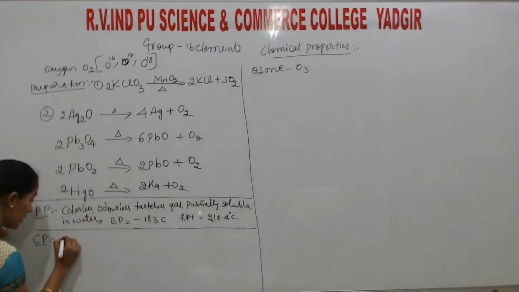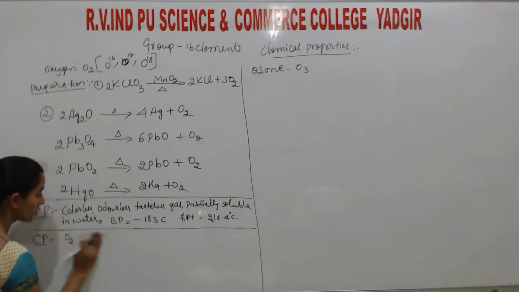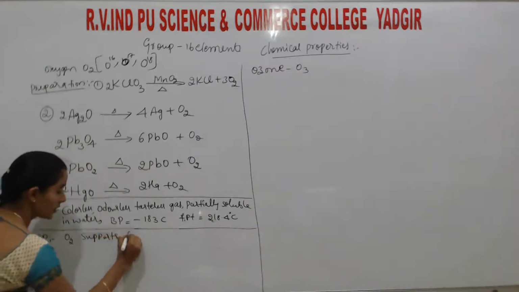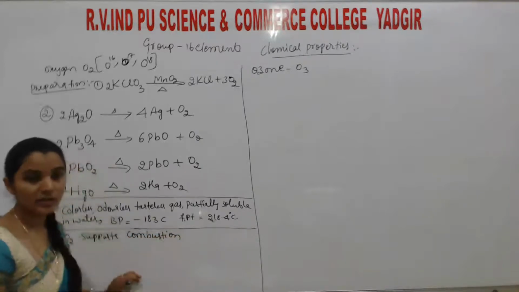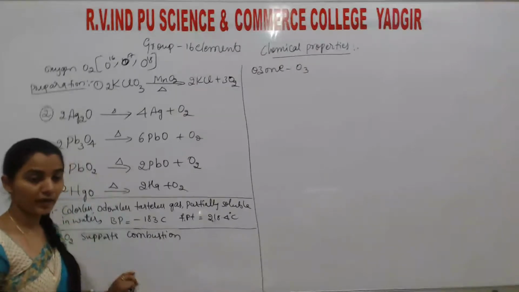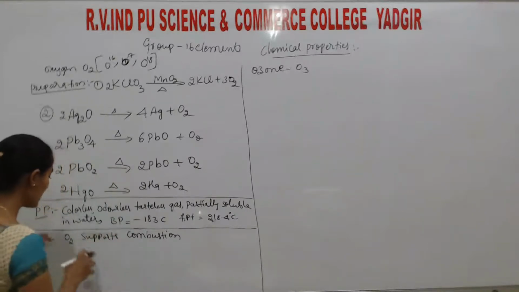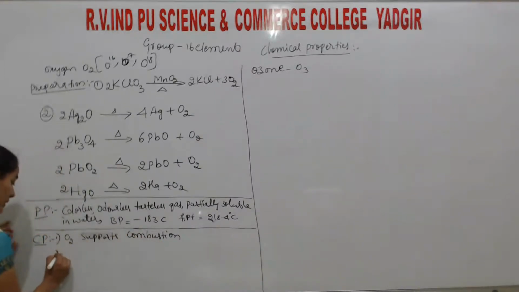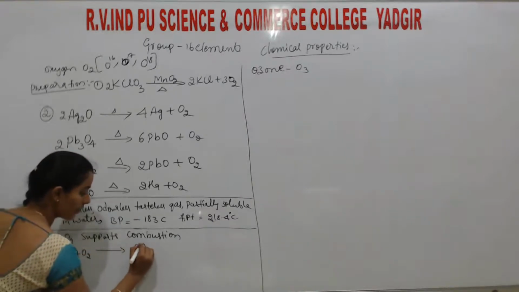So first one is oxygen supports combustion, but it is a non-combustible gas. If oxygen alone is there, it won't catch fire. But if fire is already there and we supply oxygen, it increases the combustion. That is, O2 supports combustion. This is the first point. Second, carbon undergoes combustion, then it forms CO2.